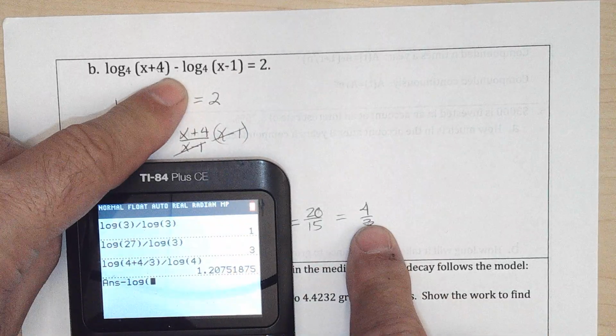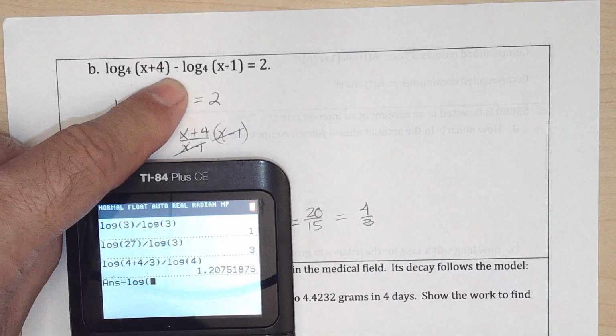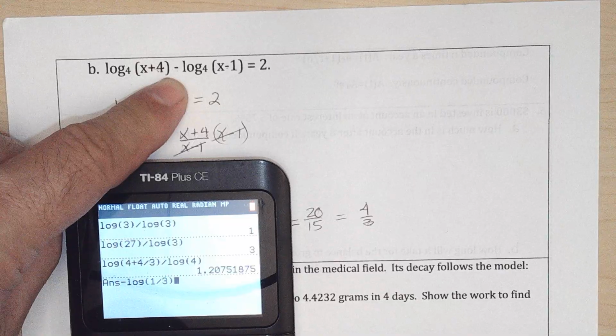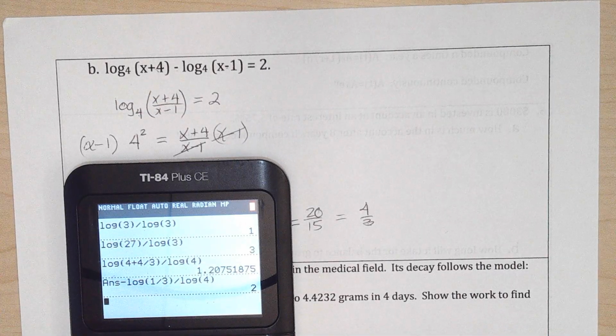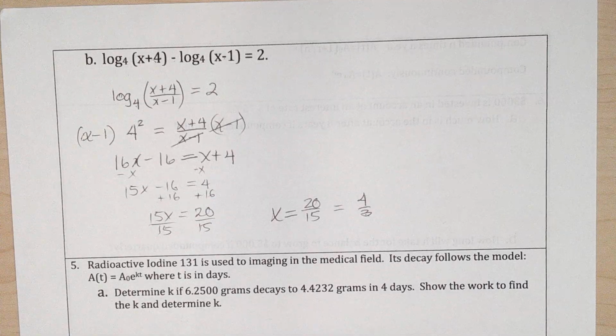That's 1 1/3 minus 1 is 1/3. Divided by, since the base is 4, I have to divide by log of 4. And this should come out to be 2. Okay.